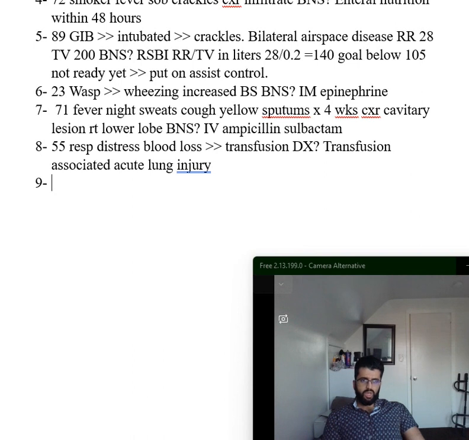And now this brings us to the discussion. What is transfusion-associated lung injury? It could be a new acute lung injury, like acute onset hypoxemia, PaO2/FiO2 less than 300, or oxygen saturation less than 90% on room air. And you'll see bilateral infiltrates on the frontal chest X-ray without evidence of left atrial hypertension, no circulatory overload.